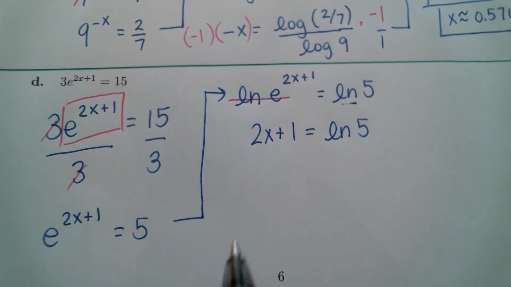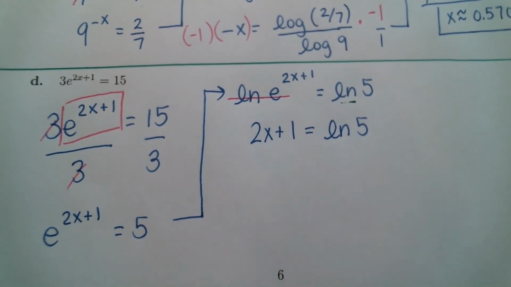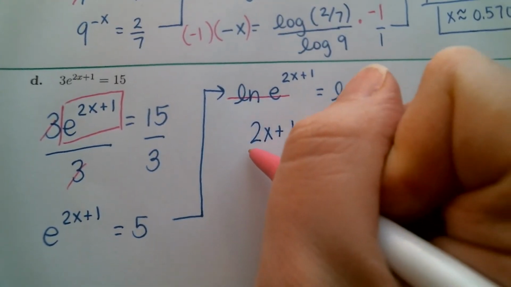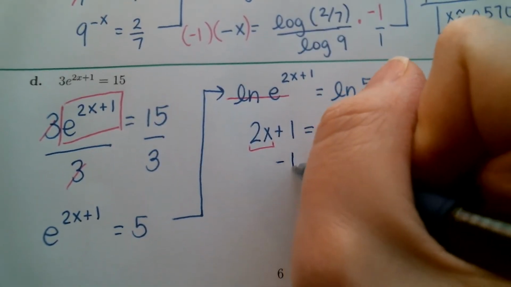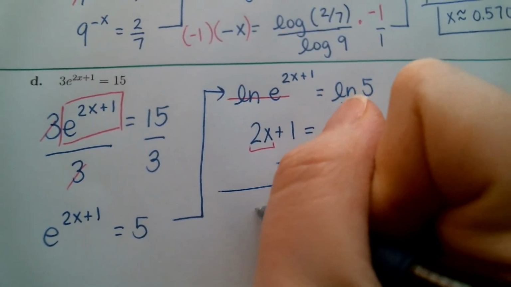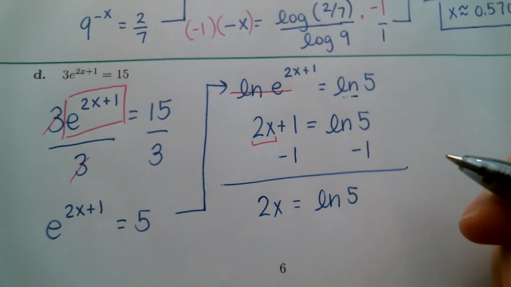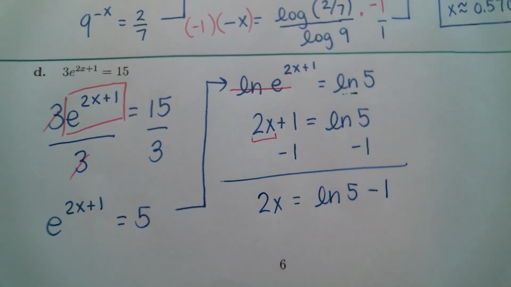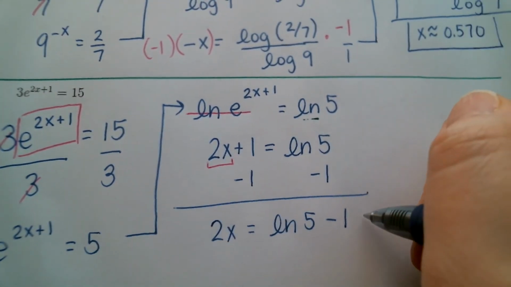Now you need to solve for x, so just isolate it. Here's what's got the x. You want to get it by itself. First subtract off the 1. You're going to get 2x is equal to the natural log of 5, that quantity minus 1. And then if you want x, you need to divide both sides by 2.